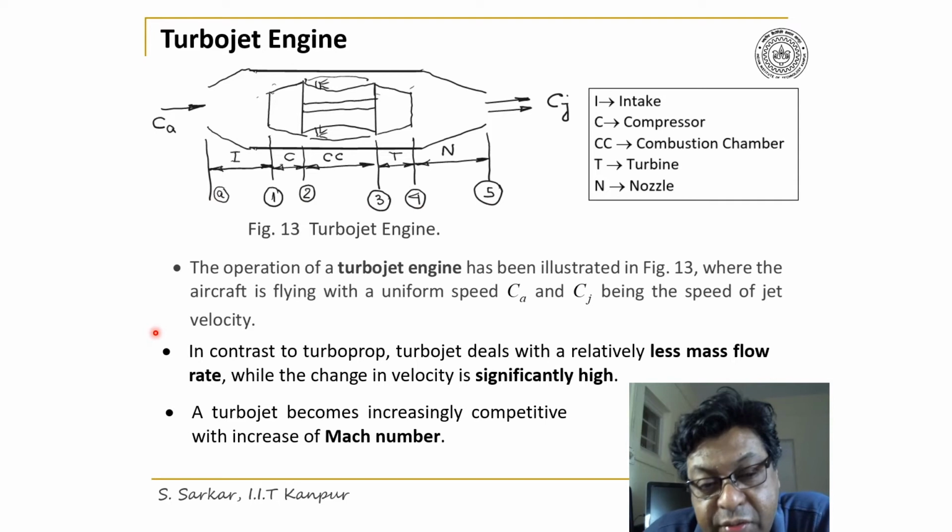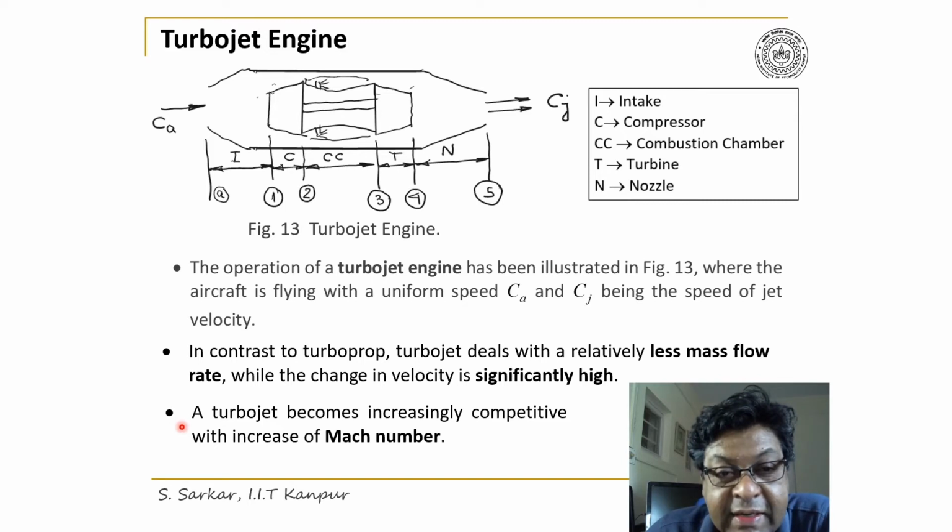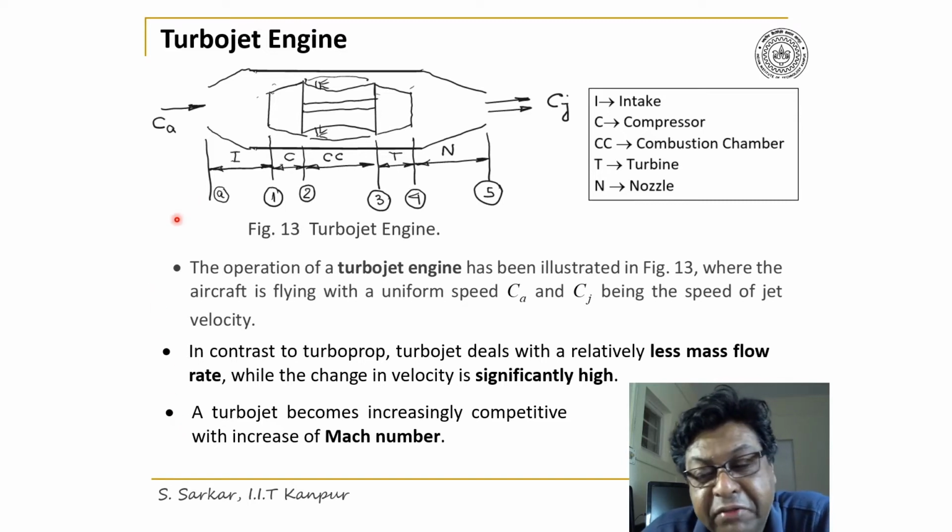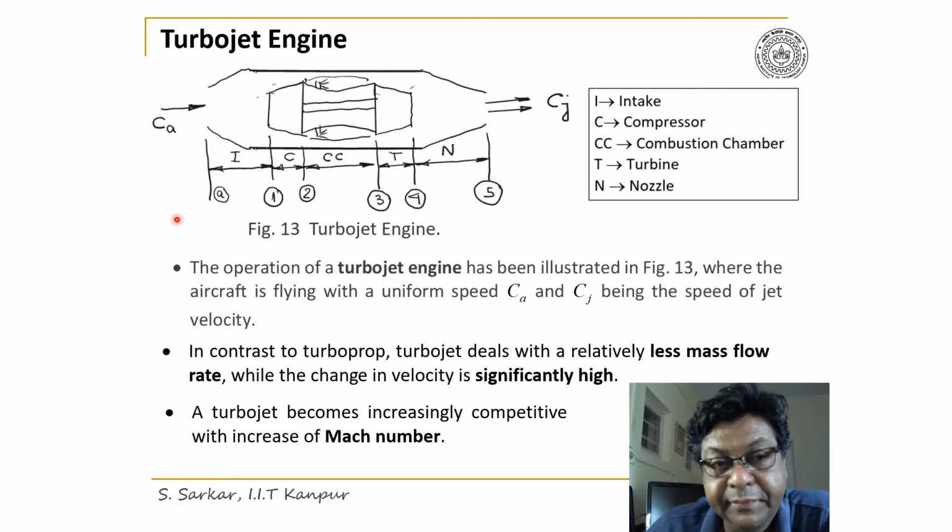Furthermore, I'd like to add that in contrast to the turboprop, the turbojet deals with a relatively lower mass flow rate, while the change of velocity is significantly high. Further, the turbojet engine becomes increasingly competitive with increase of Mach number. So this turbojet engine is very efficient at high speed.